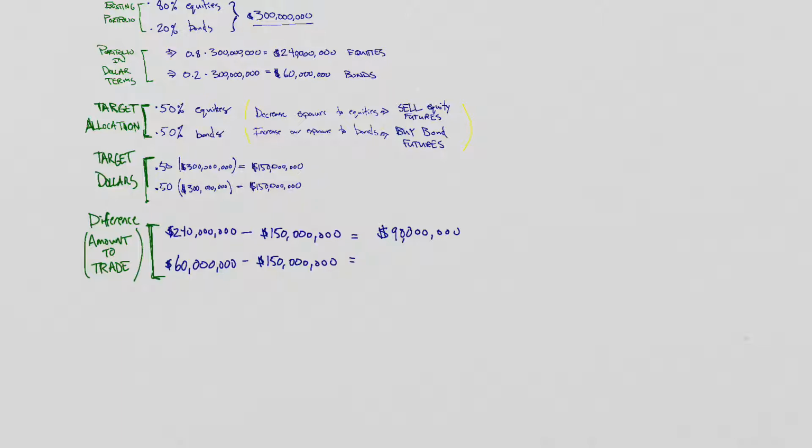And as it happens, also $90 million of bond exposure that we need to deal with through futures contracts. And because we needed to sell equity futures to reduce our effective equity position, that means we need to decrease our exposure by 90 million.